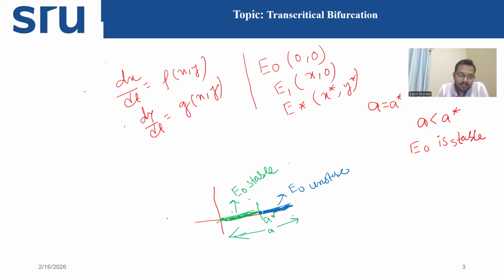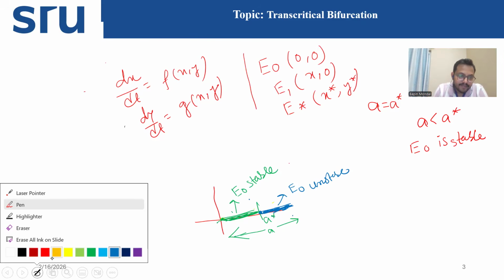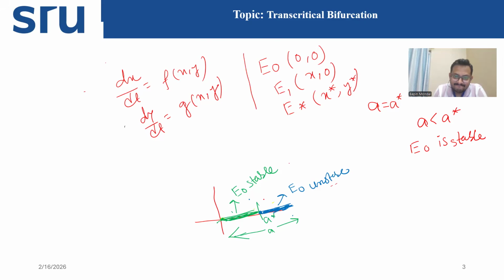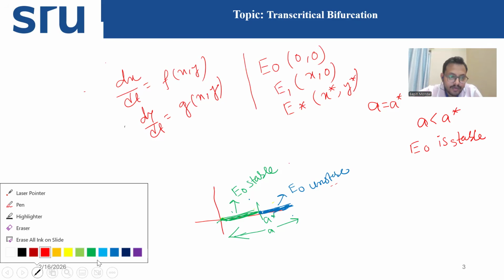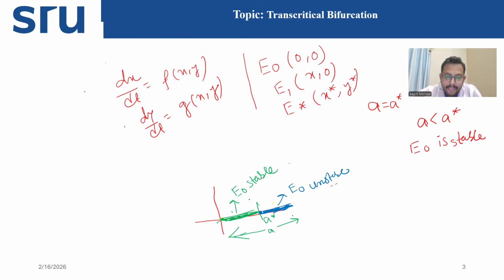When E0 becomes unstable, one scenario we observe is that we have an equilibrium point E star. Here E star exists and it is stable.